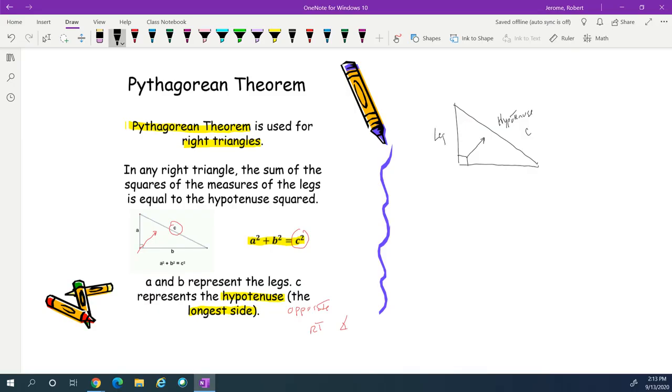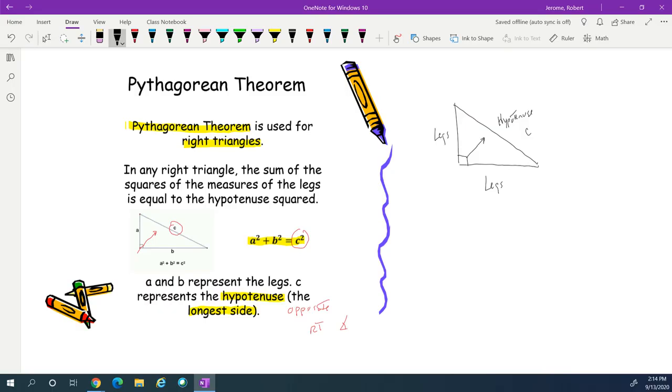And then the other two are called legs. Now, one of them is a, one of them is b, and it does not matter which. When we use Pythagorean Theorem, the one you have to have in the correct spot is c.